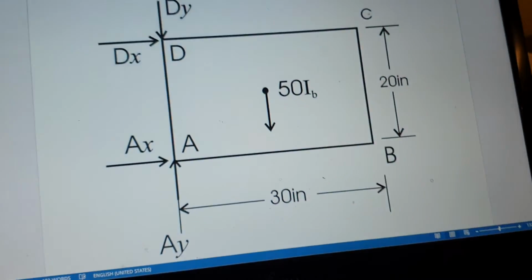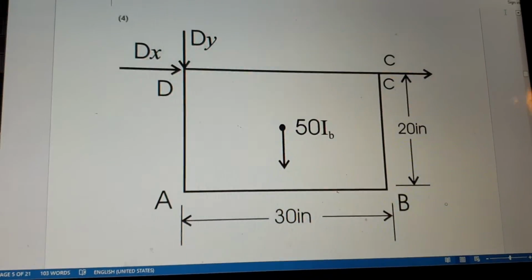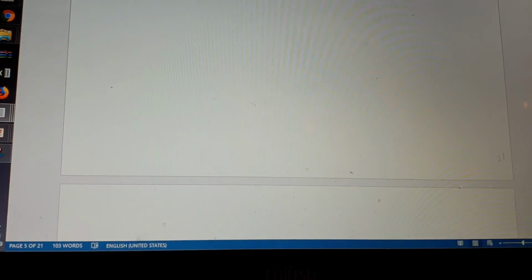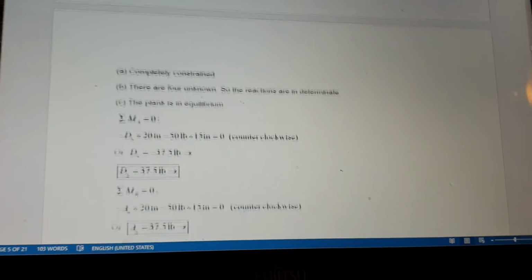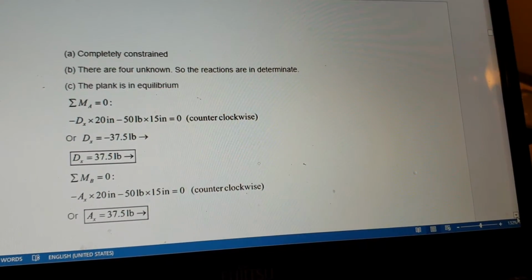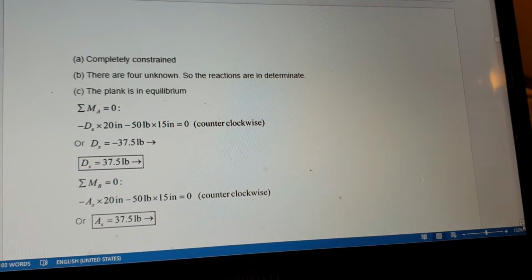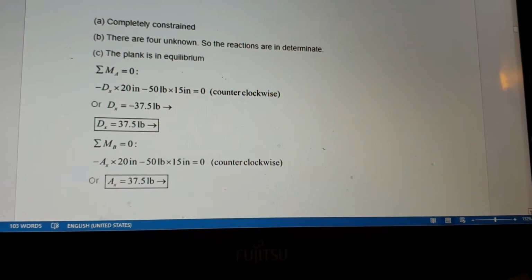That's why this problem is indeterminate. You can't find ay or dy. Okay, so this is indeterminate.